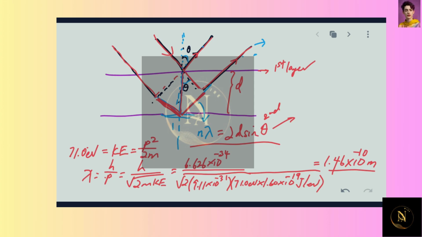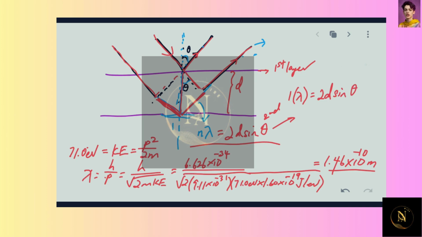Using this, we can find the angle of the first maximum. I'm just putting it this way: 1 times the wavelength equals 2 times the crystal separation d times sine theta.